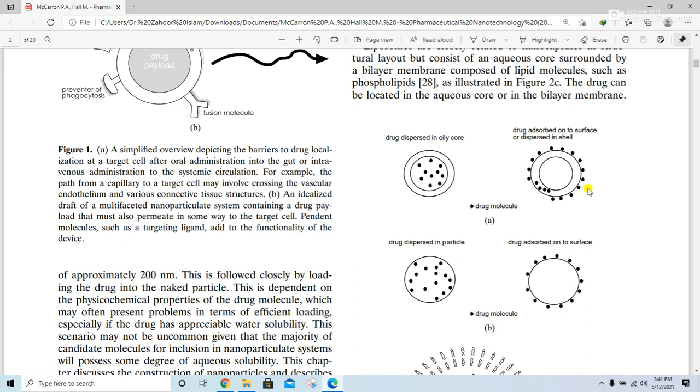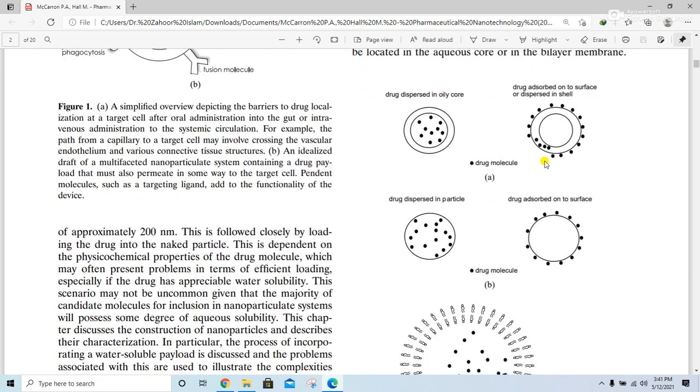When the drugs are adsorbed, that is also called surface adsorption. So these drugs are adsorbed on the surface. In this case, the drug is dispersed in the particle, while here the drug is adsorbed on the surface. Both are drug molecules.